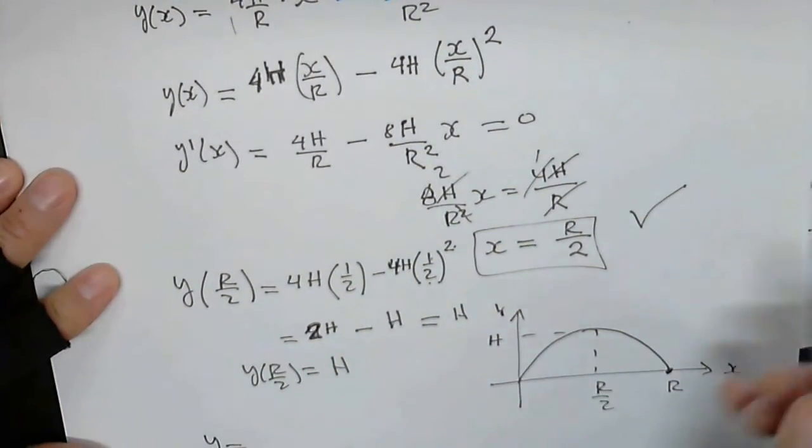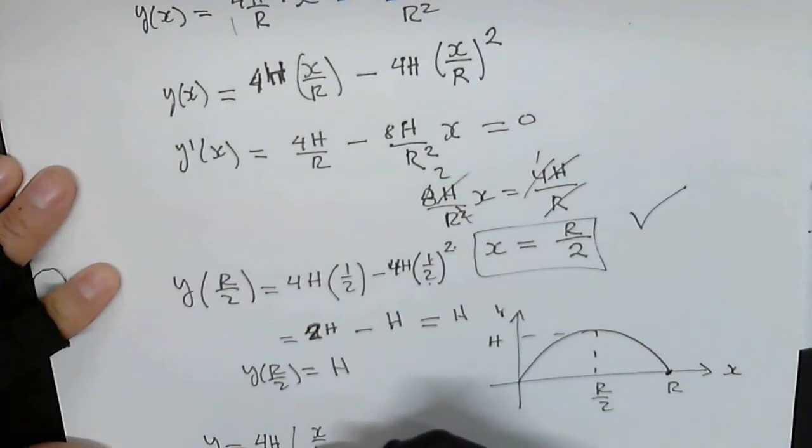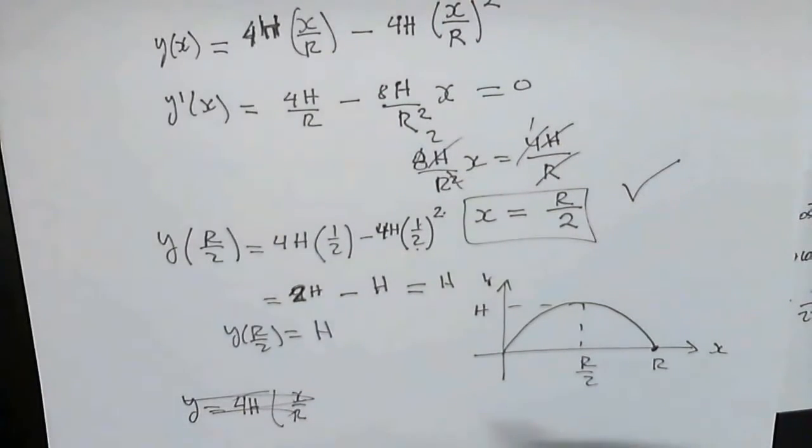That has everything. I think the best way to put it is 4h x over r. I think that takes x over r as a common factor.